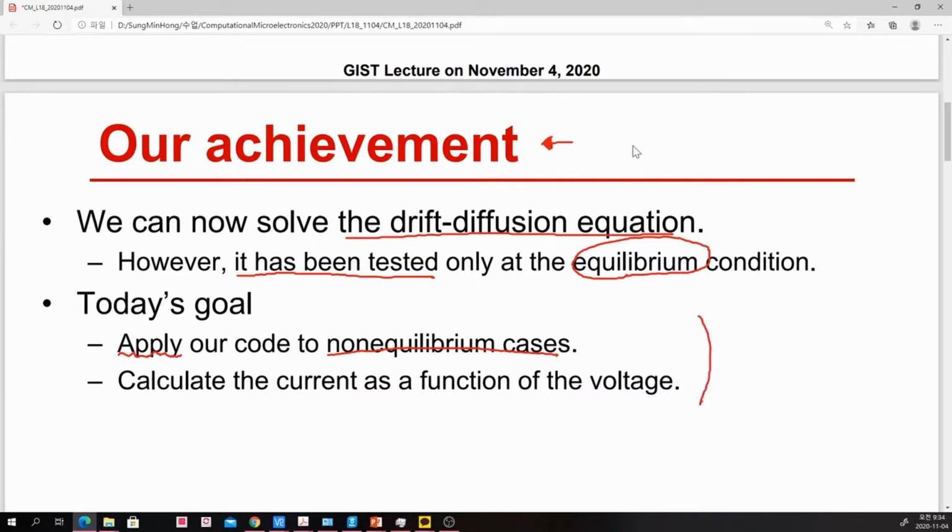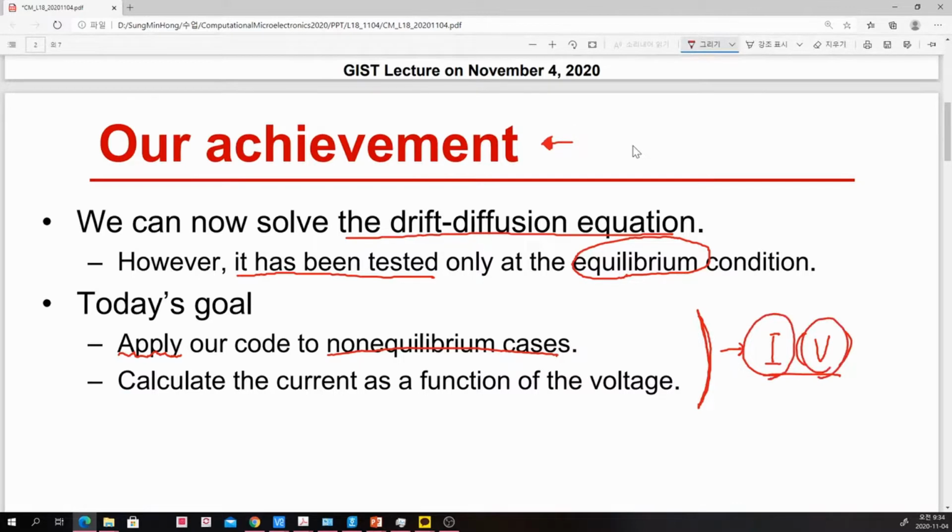the eventual goal, our ultimate goal, is securing the IV characteristics. Calculate the current as a function of given voltage. We have spent a lot of time, many lecture sessions, for that purpose.